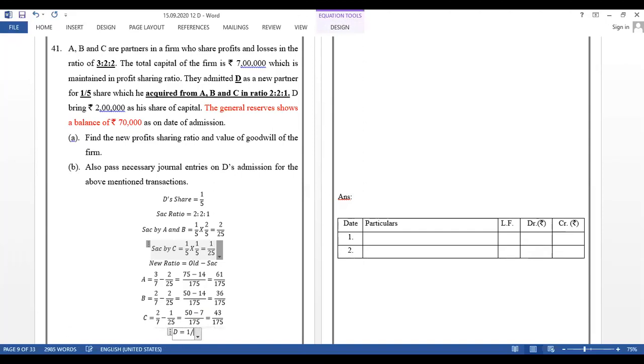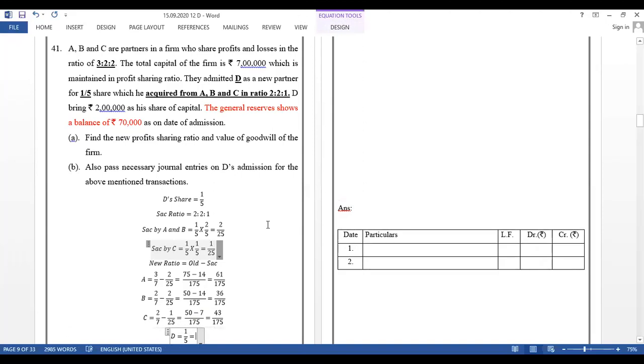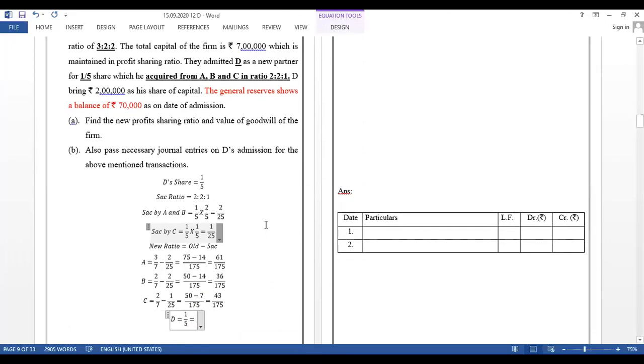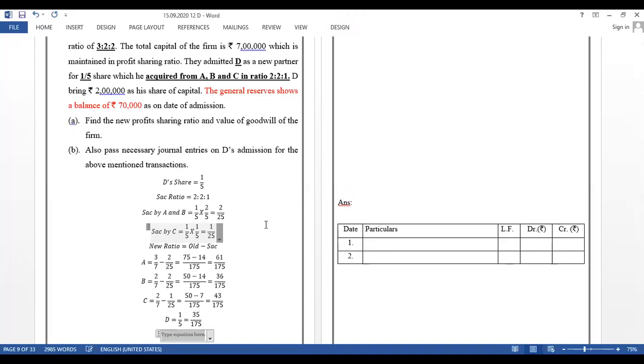D's share is 1 by 5. To convert 1 by 5 into 175, 35 5s are 175, so 35 by 175. Okay? So finally I'll be able to write the new ratio over there. New ratio is equal to 61:36:43:35. Okay, so we are done with the new ratio. This is the first thing that has been asked: find out the new profit sharing ratio.